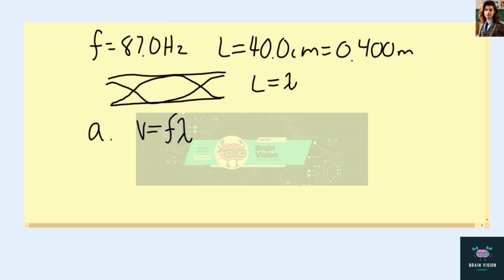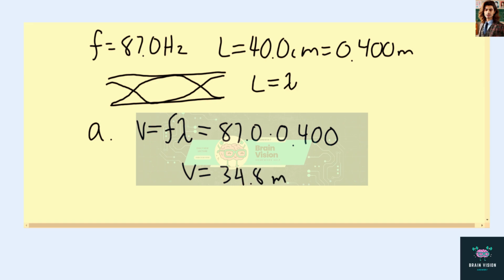And we can just plug those in. Frequency is 87 hertz, and the wavelength is 0.400 meters. And we can calculate that out. So V is 34.8 meters per second. So that is our answer for part A.